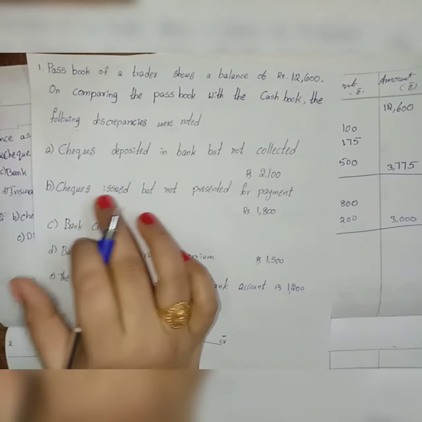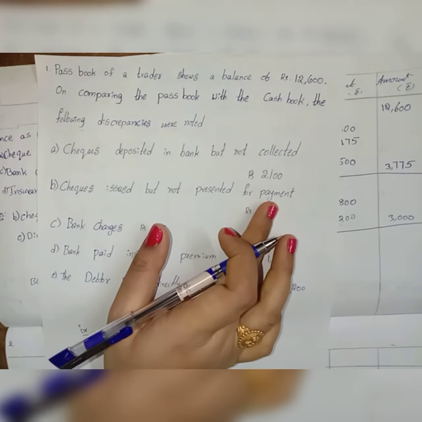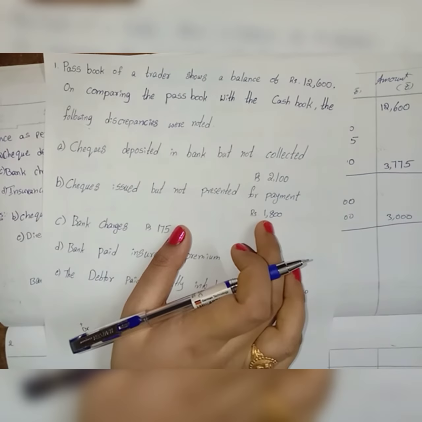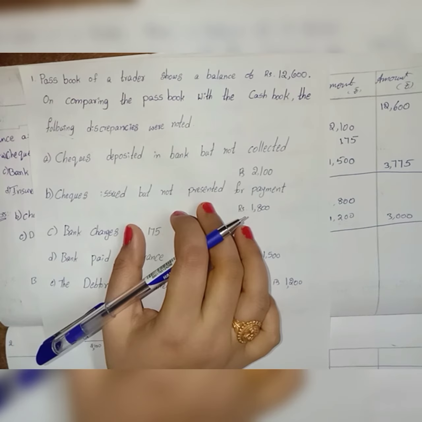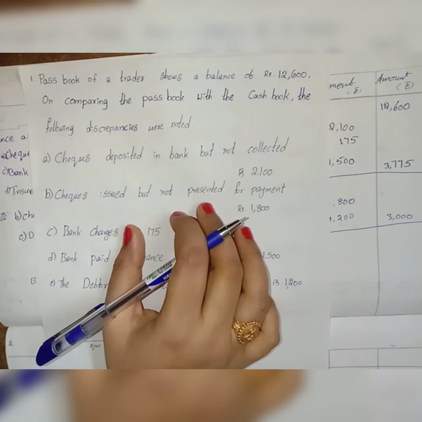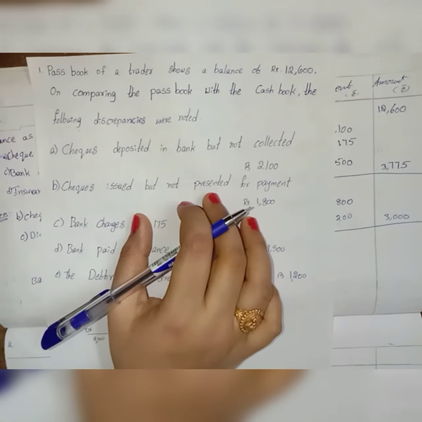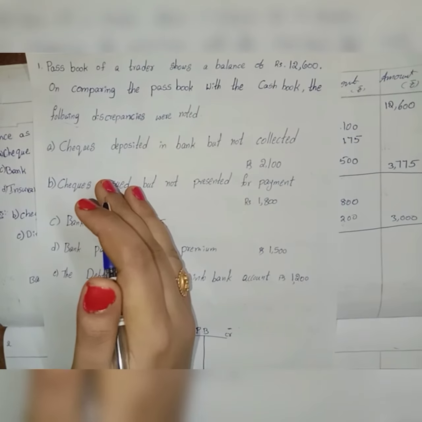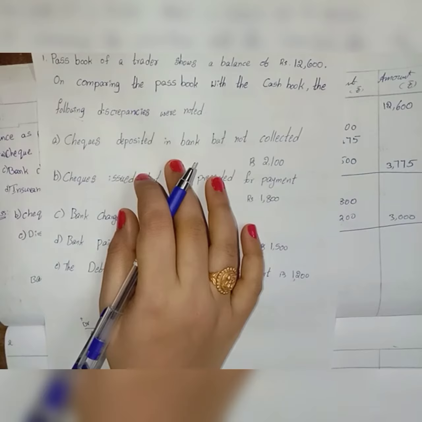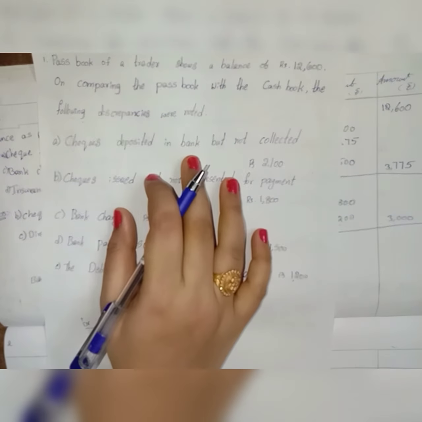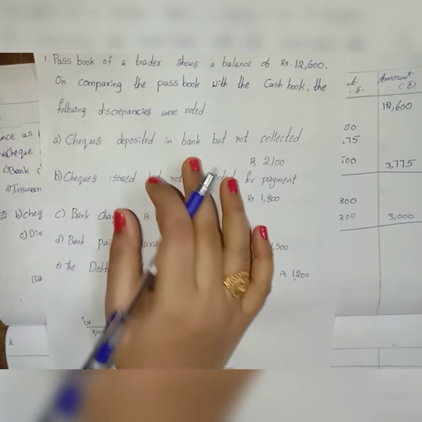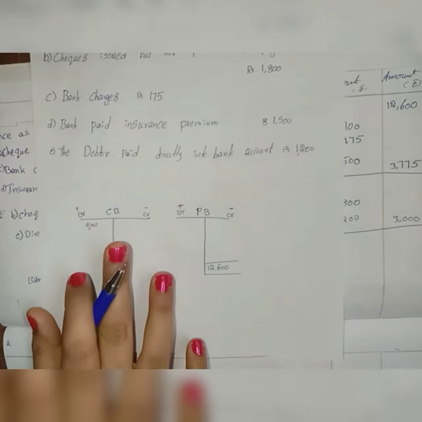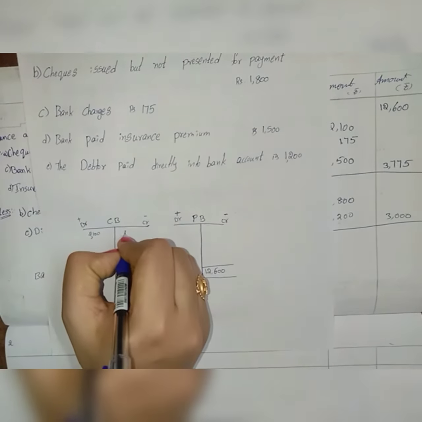And next one, check issued but not presented for payment, 1,800. We have given a check to a person. The check is an outflow from us, so we have to enter it on the credit side of the cash book, 1,800.